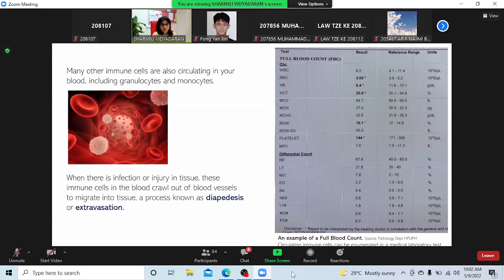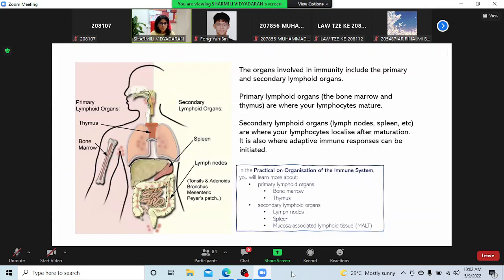All right, so we've been speaking about organs already, right? Bone marrow, thymus, lymph nodes, spleen. You will begin to realize that in immunology, we split your immune organs into two categories. We call them primary lymphoid organs and secondary lymphoid organs.